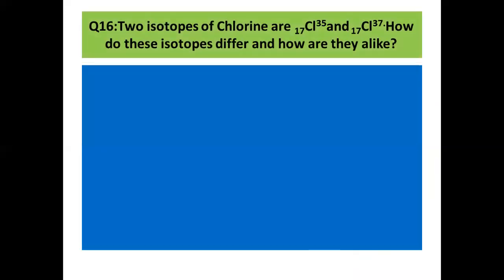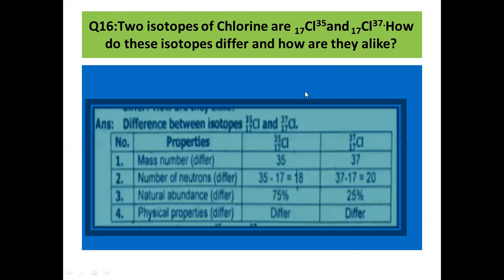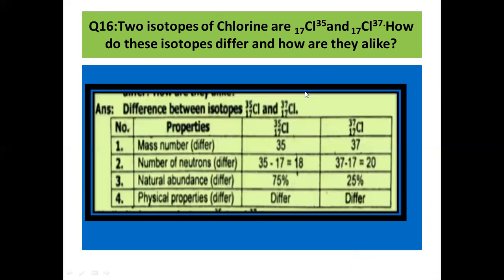Question number 60. Two isotopes of chlorine are chlorine 35 and chlorine 37. How do these isotopes differ and how are they alike? We have to mention the differences as well as the similarities between the isotopes. First, differences between isotopes. Mass number for both isotopes is different.